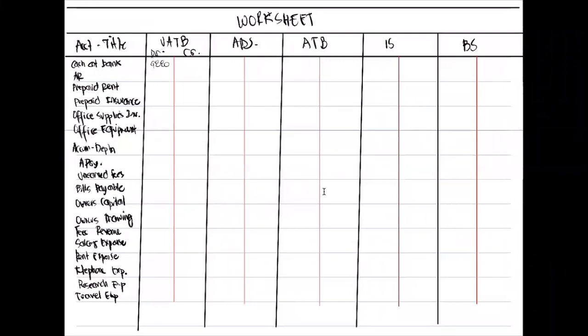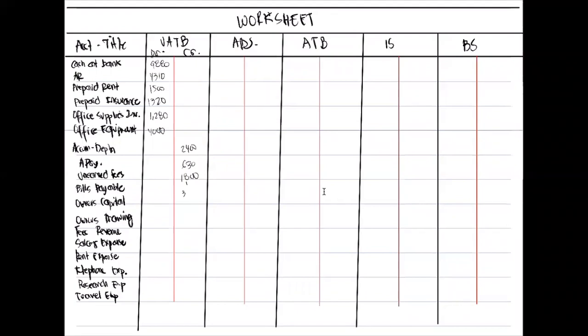9,880. We have your accounts receivable of 4,310. And then we have your prepaid rent of 1,500. Prepaid insurance of 1,320. Office supplies of 1,280. Office equipment of 4,000. Accumulated depreciation of 2,400. Accounts payable at 630. Unearned fees of 1,800.